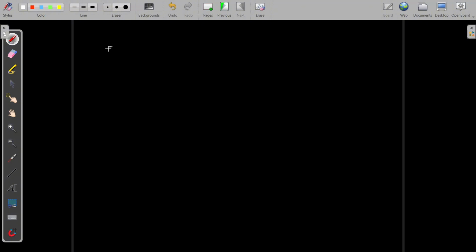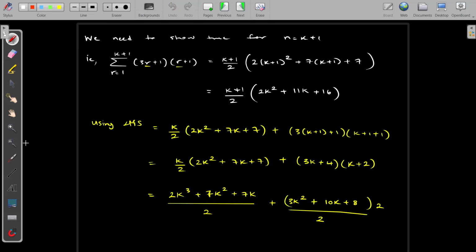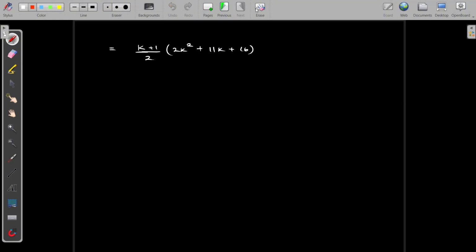So now we simply write this as k plus 1 over 2, 2k squared plus 11k plus 16, and this is what our left hand side worked out to be, and this is what we have for the right hand side, which is the exact same thing. So left hand side is equal to right hand side, hence by induction true.